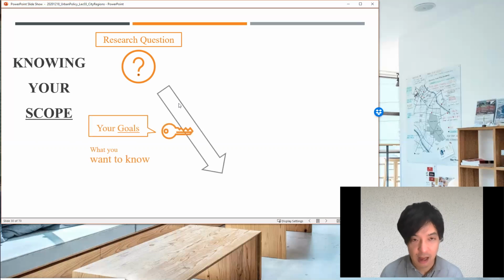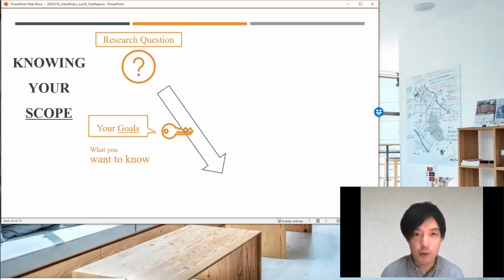And after stating your questions, you need to show your goals. These are the things that you have to write in the introduction part. And in the goals, you need to write what you want to know in your paper. Goals are the things that you want to know.